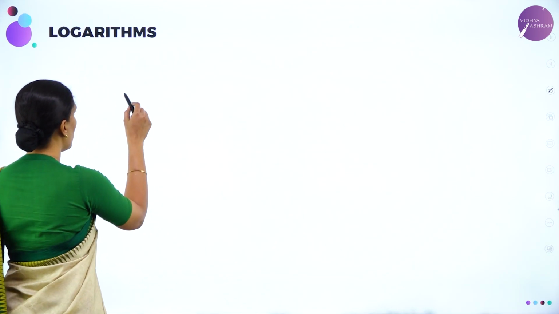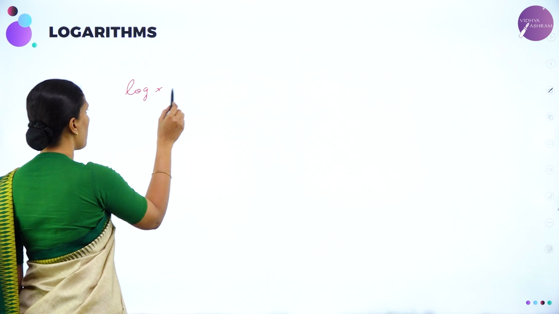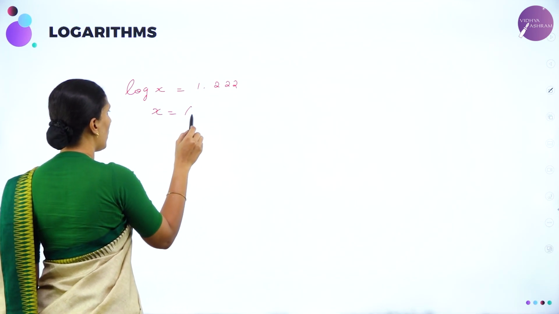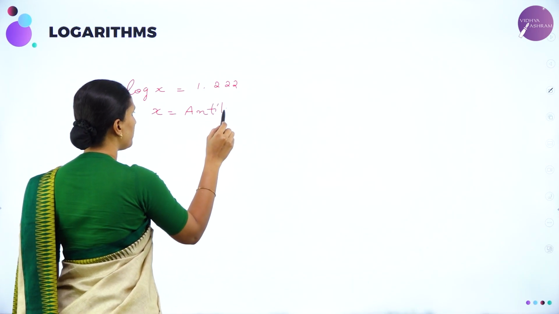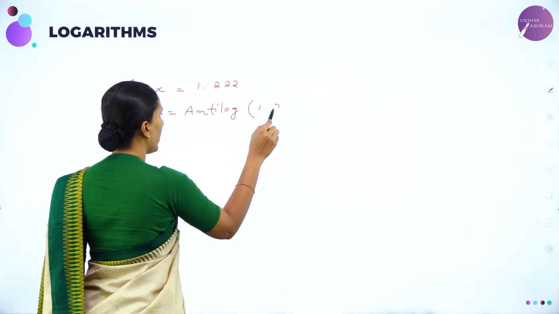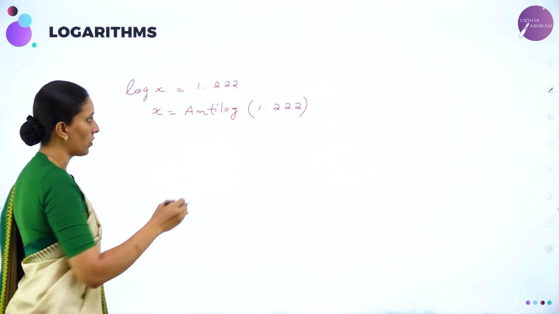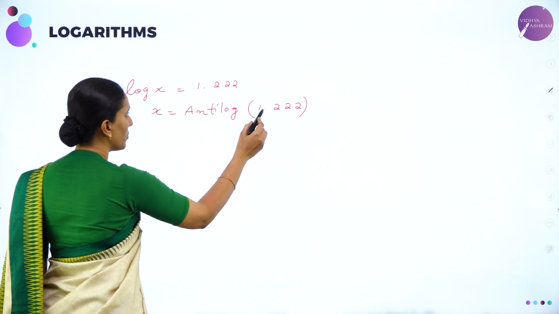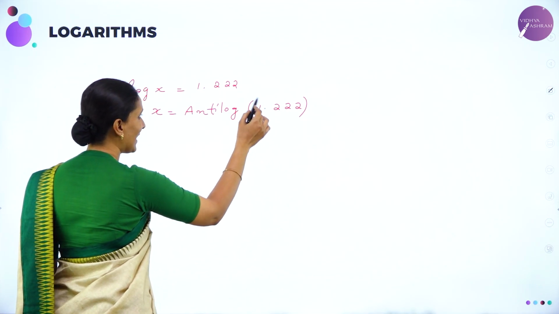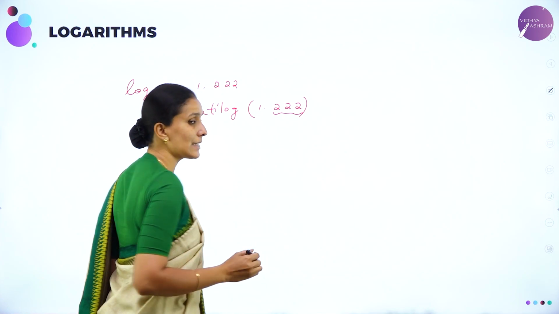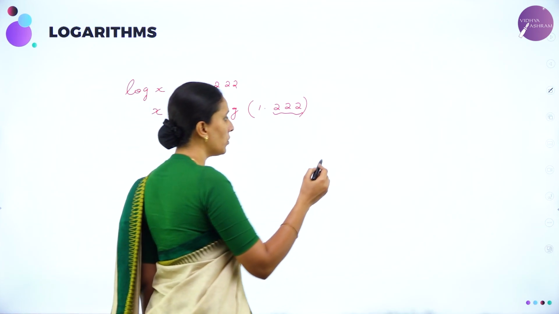Now, we have log x is equal to 1.222. So, x will be equal to anti-log of 1.222. Now, check the value in the anti-log. So, here you need to neglect the characteristic, you need to take only the mantissa part. So, you can clearly see there are only 3 digits. Then how to check?